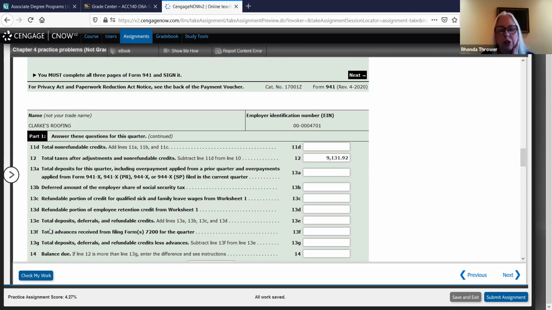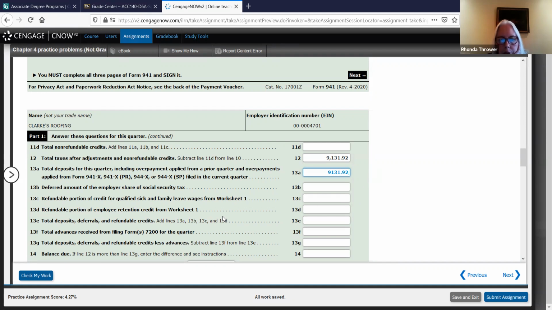So move to line 13E and enter your total deposit, which would be lines 13A, B, C, and D combined together, which is 0. So we're going to keep 0 here. And I'm sorry, that's not correct, because you have to enter your total deposits for the quarter on line 13A, which would be $9,131.92.